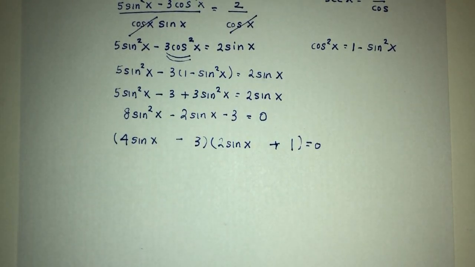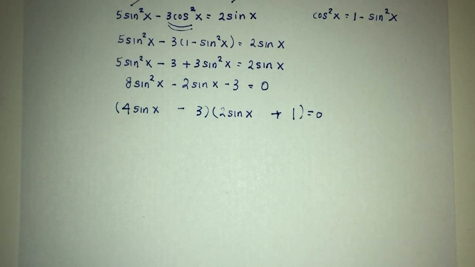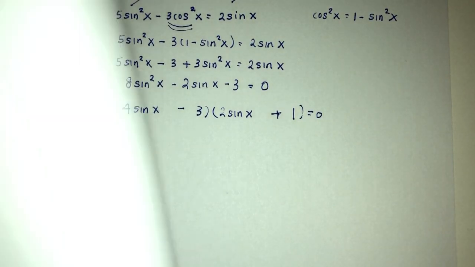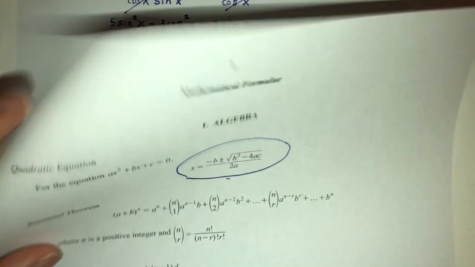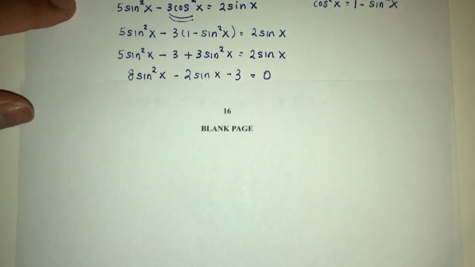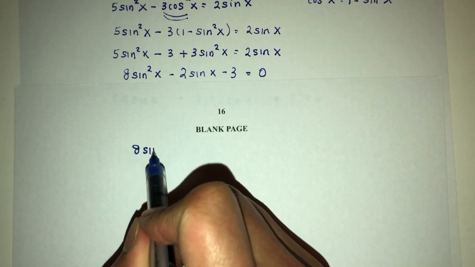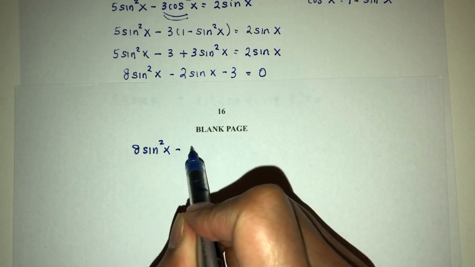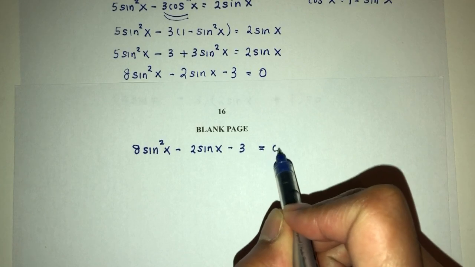Now again, if you don't know how to factorize, no big deal. Just use the formula, okay? There's a formula given to you on the sheet itself. As you can see here, this is the formula for a quadratic equation. So let me show you how to do that. For example, here I have 8 sin square x minus 2 sin x minus 3 equal to 0.